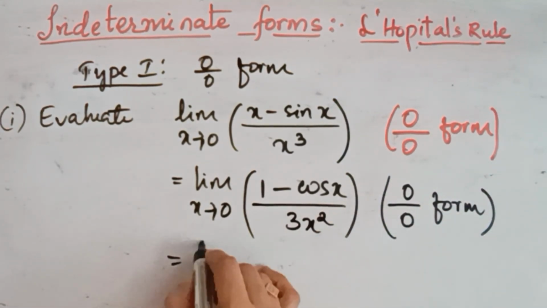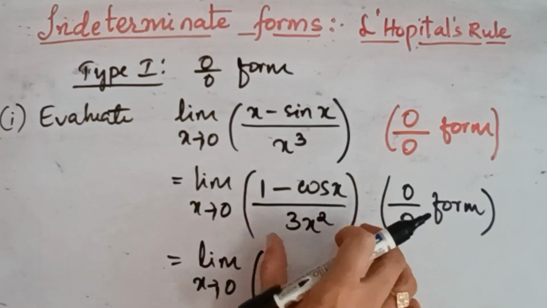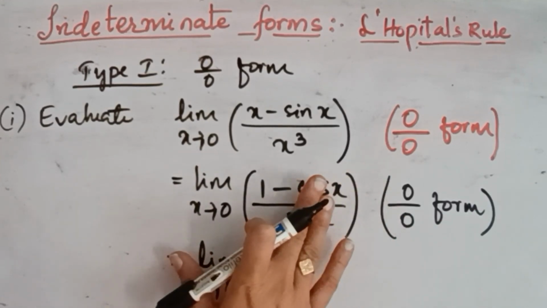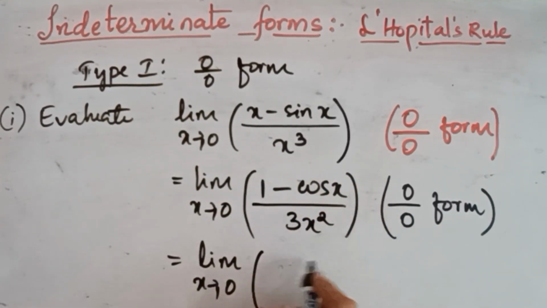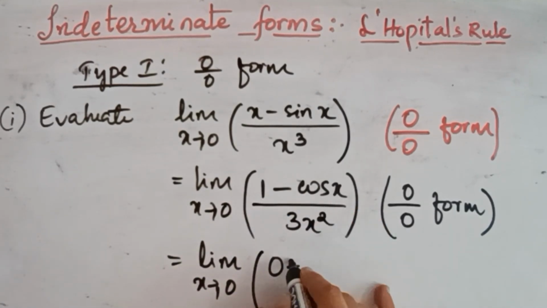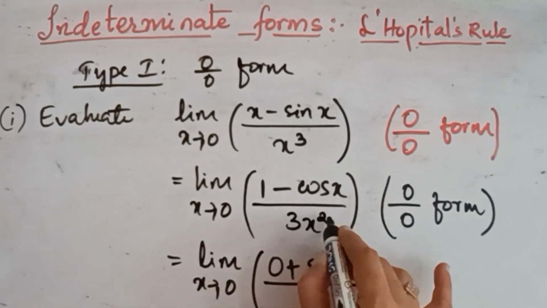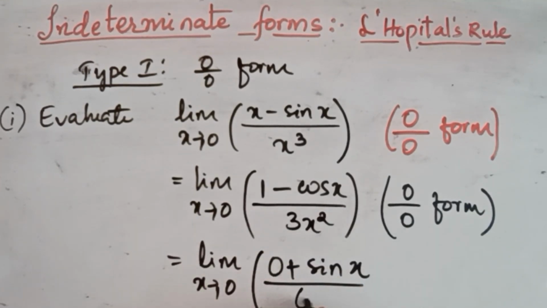Hence once again you have to differentiate, limit x tends to 0. Derivative of 1 is 0 minus the derivative of cos x, which is minus sin x. So minus of minus is plus sin x, divided by the derivative of 3x square, which is 6x.